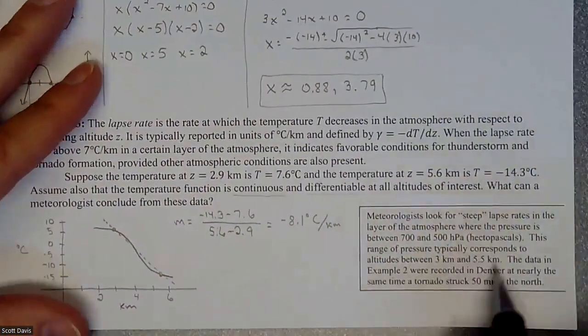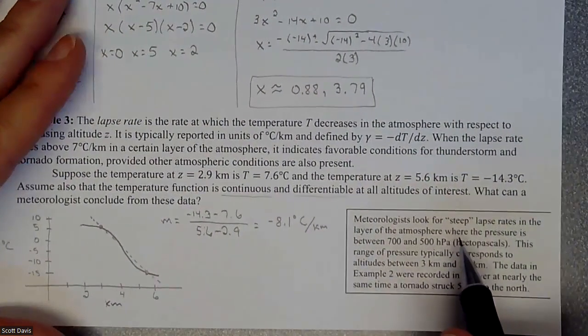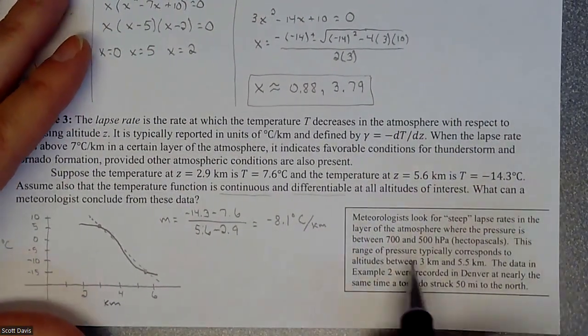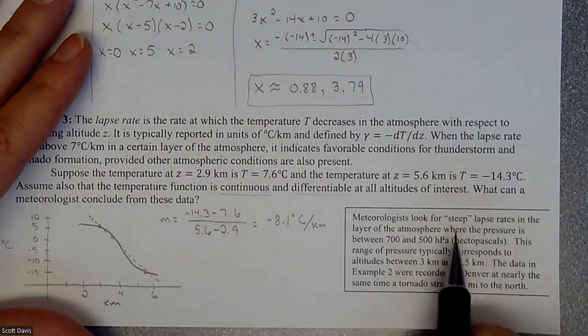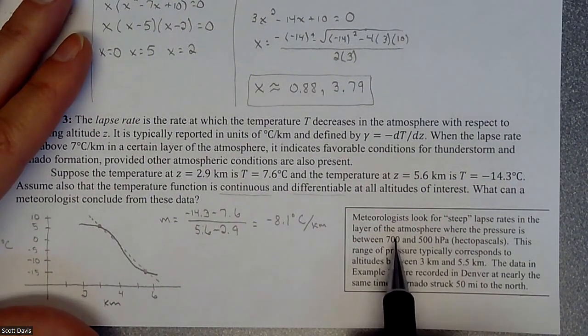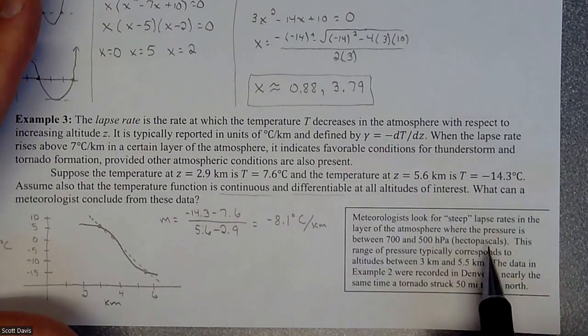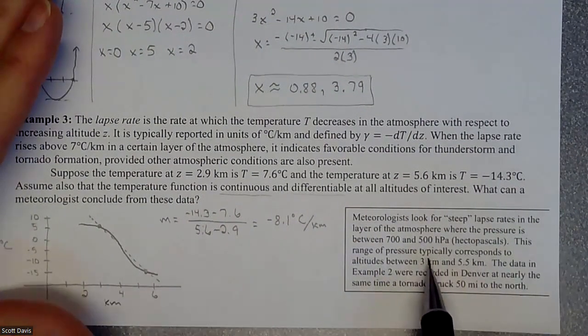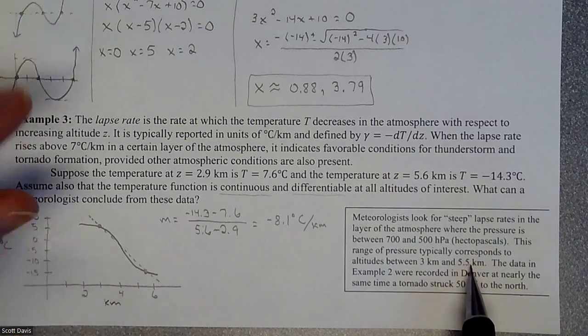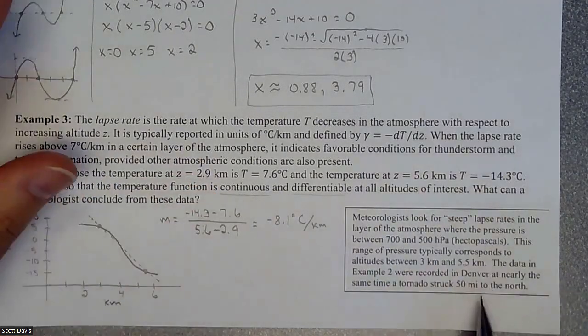And so if the real situation was, this was data taken from an actual situation, and it says that meteorologists look for these steep lapse rates in layers of the atmosphere where the pressure is between 700 and 500 hectopascals. This range of pressure typically corresponds to altitudes between 3 kilometers and 5.5 kilometers, which is kind of fitting our range right now.